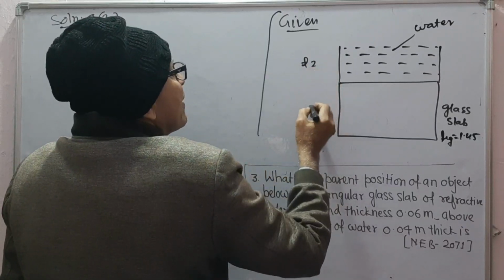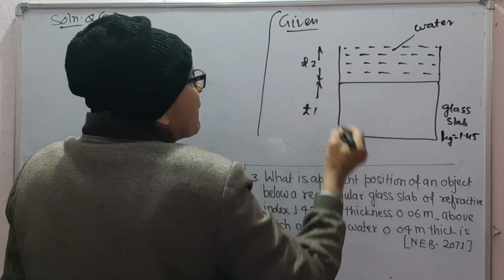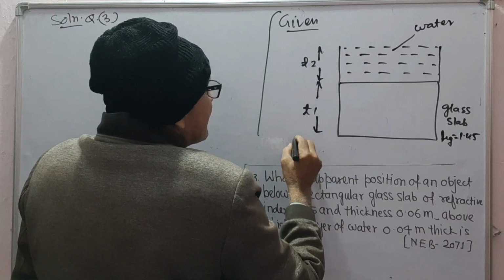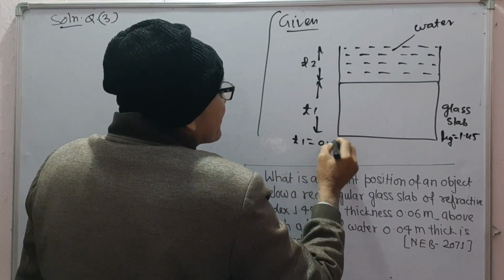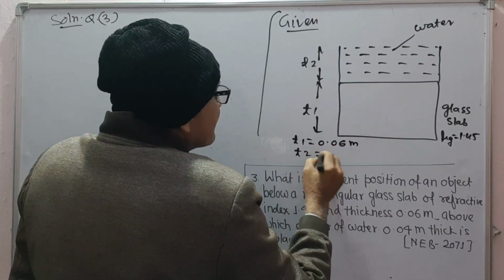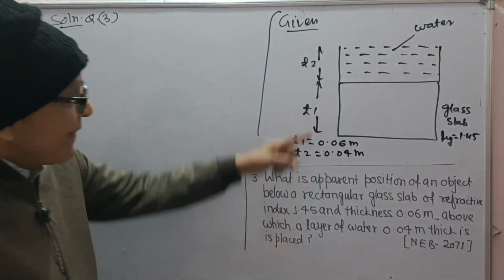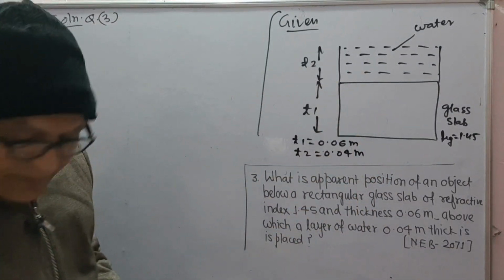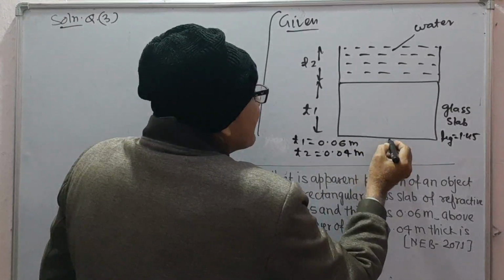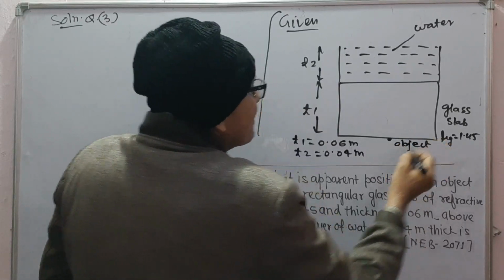This is T2 and this is T1. T1 is 0.06 meter, the thickness of glass, and T2 is 0.04 meter, the thickness of water. So we have to find the apparent position of this object, which is placed below the glass slab.